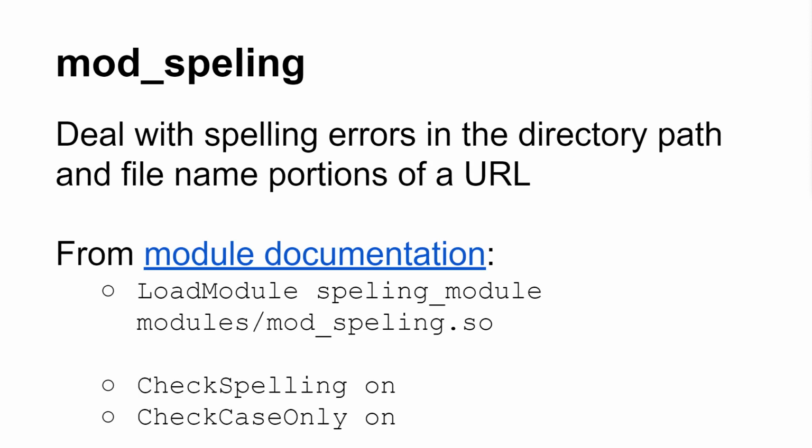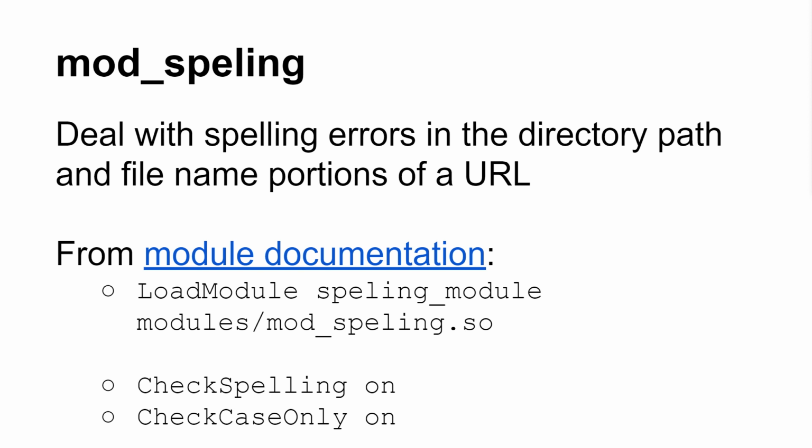Some examples is the mod_speling. Notice anything about the name of this particular module? Well, it's misspelled. So this does deal with spelling errors as part of a URL directory path. Remember, the difficulty in Linux also is that capitalization does matter.